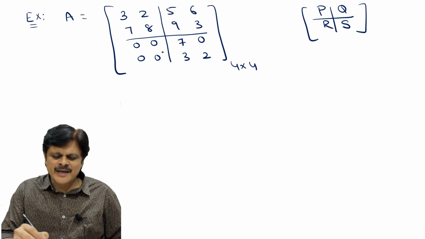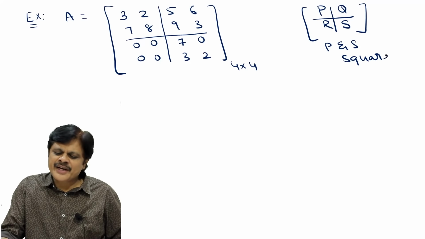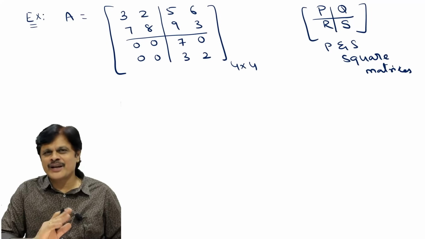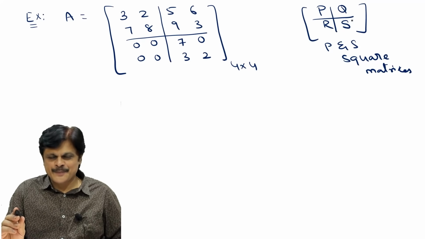These matrices are P, Q, R, S. Now P and S must be square matrices. For this trick to be applicable, P and S must be square matrices. Then only it is applicable. If they are not square, you cannot apply this particular result.